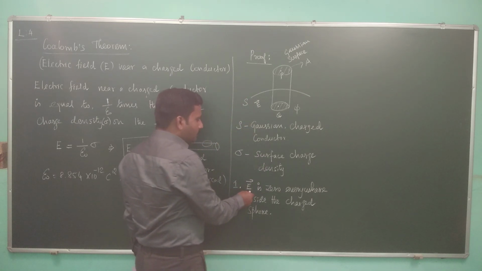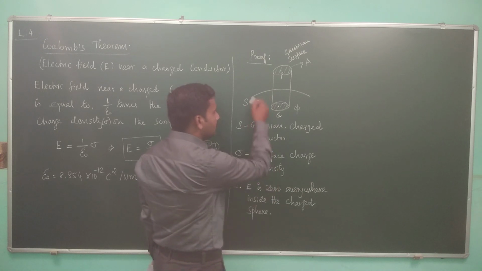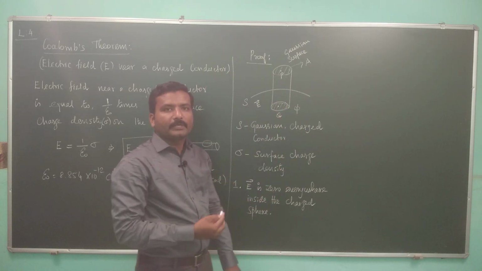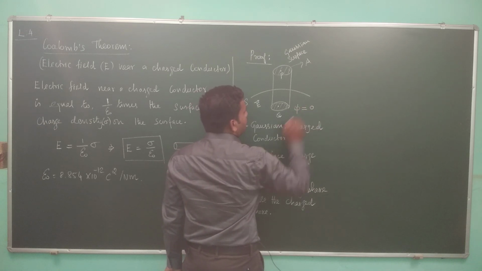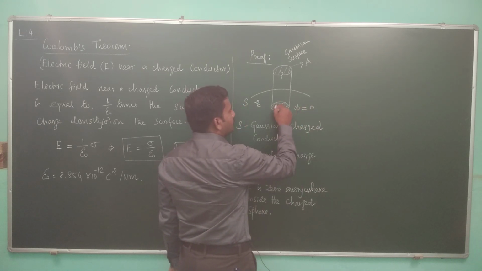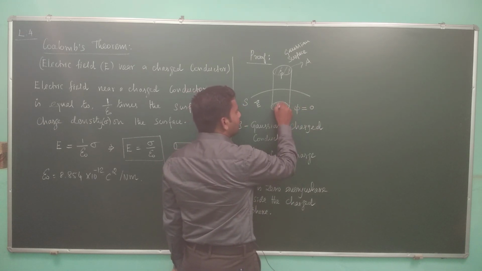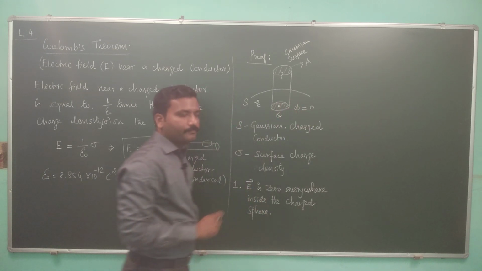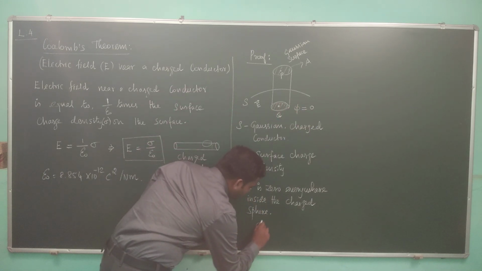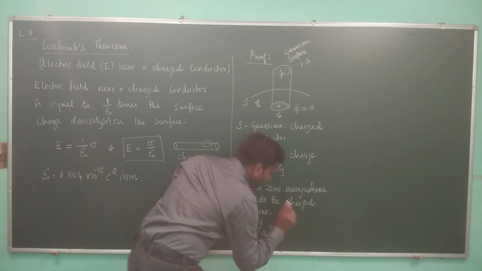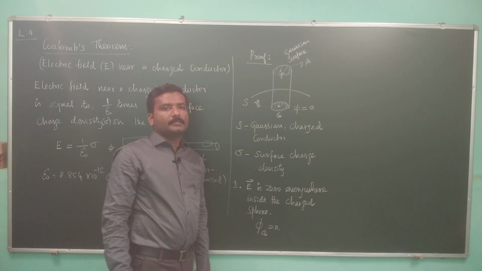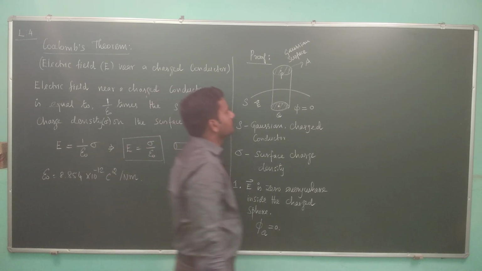As there is no electric field within this charged conductor, the electric flux at the surface lying at Q is equal to 0. So phi at Q is equal to 0. This is point number 1.